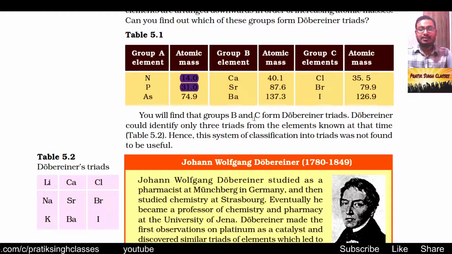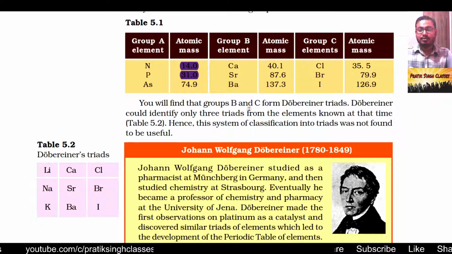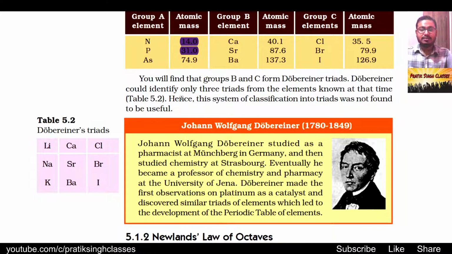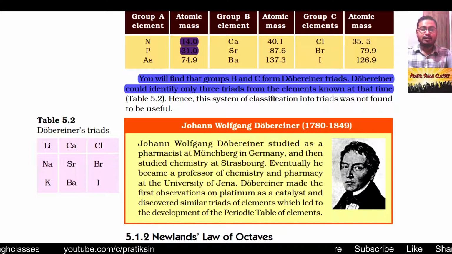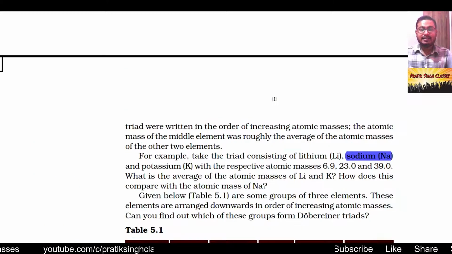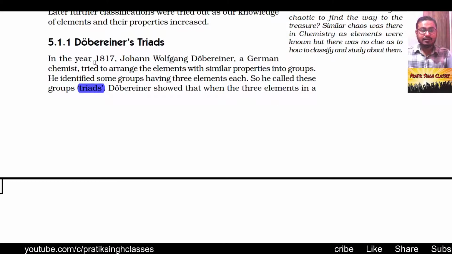For group B elements, if you see calcium, strontium and barium, strontium's atomic mass is barely the average of calcium and barium, and likewise for group C elements. You will find that groups B and C form Dobereiner triads. Dobereiner could identify only 3 triads from the elements known at that time, that is, in the year 1817.